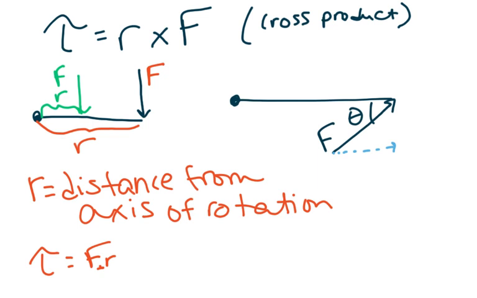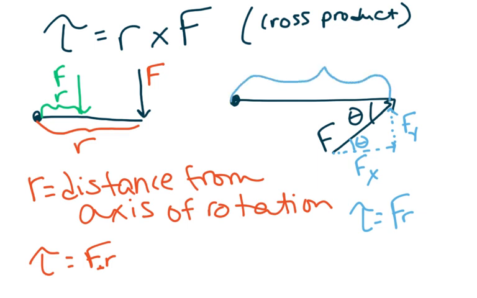That force has a component in the x direction going to the right, but it also has a perpendicular force component going up in the y direction. Your angle would be over here. So if we were going to solve the torque on this bar, it would be the force times the radius. Again, the radius is the distance between where the force is contacting and the axis of rotation, which is over here at my pivot point. So this one becomes force times the radius times the sine of theta.